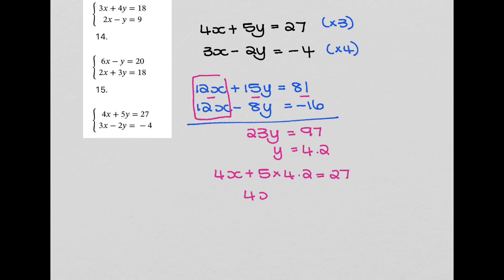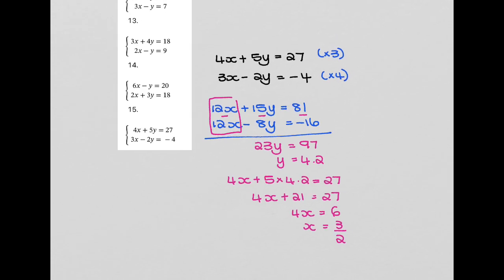So I've got 4x plus 4.2 times 5 is 21. So I've got 4x plus 21 equals 27. So 4x is equal to 27, take away that 21, and I get 6. And so x is equal to 6 divided by 4, which is 3/2.